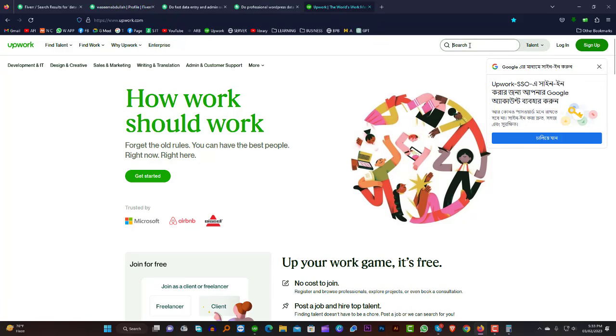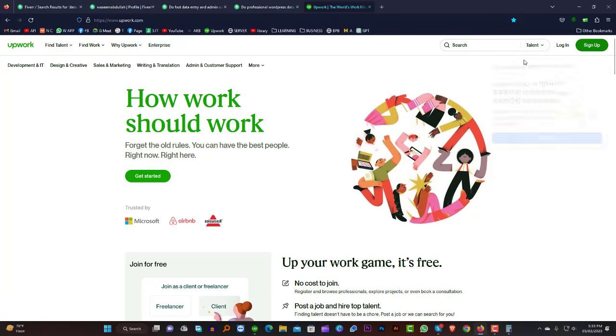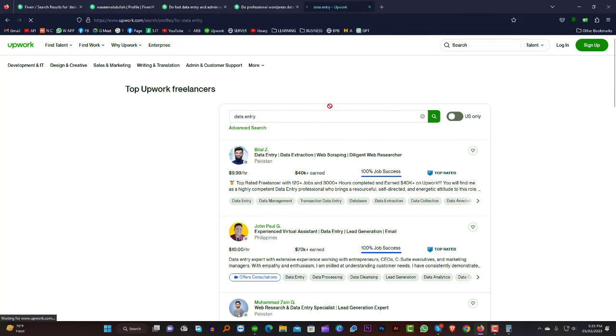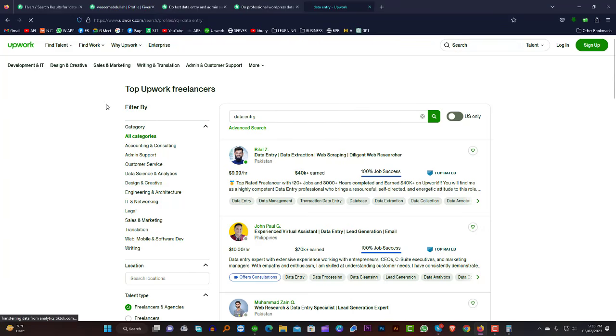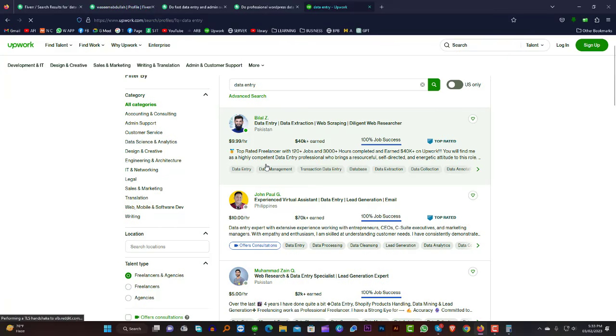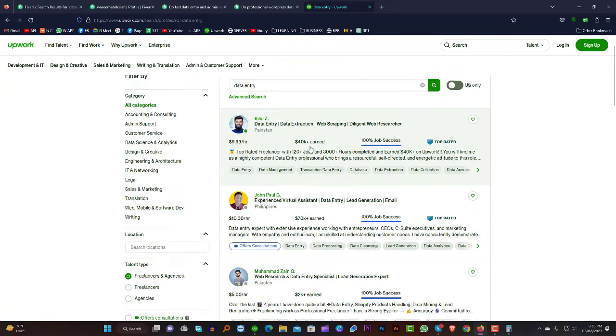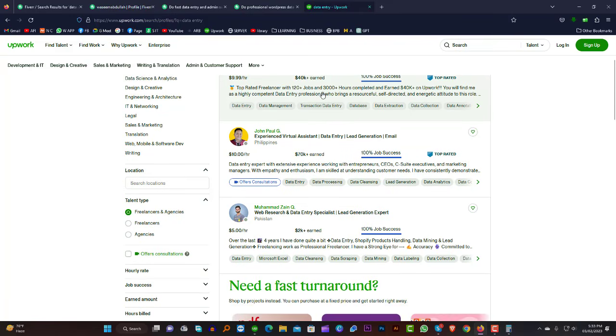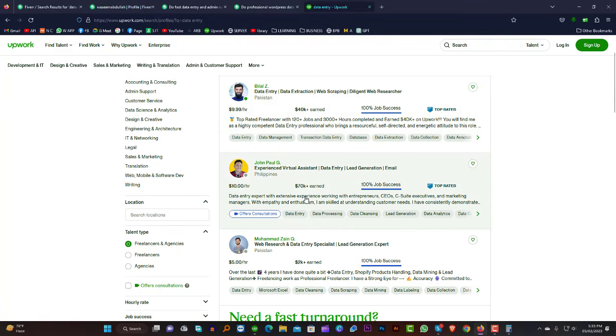Okay, so I want to jump to another marketplace. Here is Upwork, and I want to check the opportunity for data entry work. I want to search with the keywords data entry, and we have seen that there are a lot of people selling their service as data entry and lead generation experts. They have already earned 40K dollars and 70K dollars.